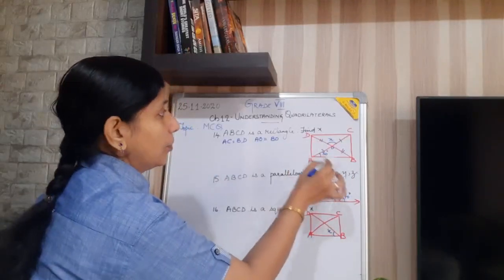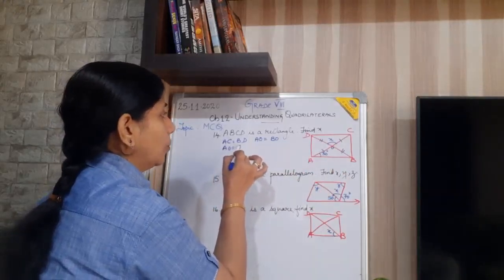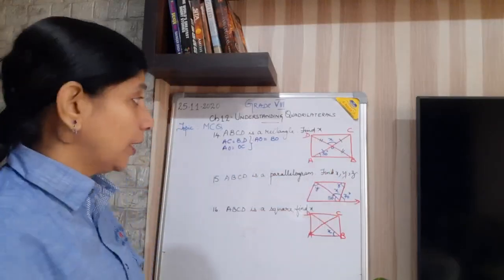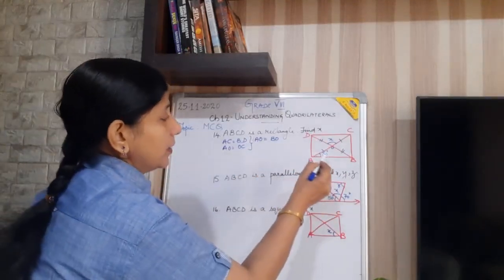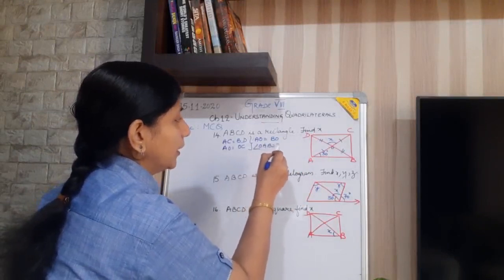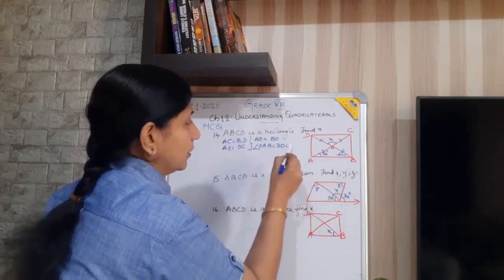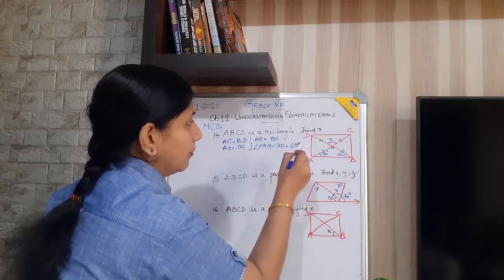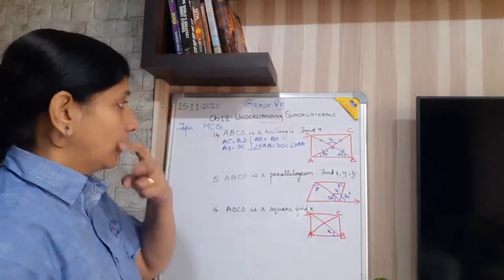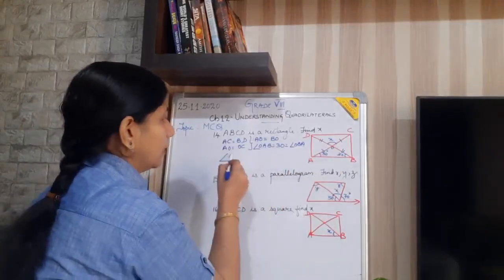AO equals OC, and therefore AO equals BO because both are equal. Now as they are equal, angle OAB equal to 30 will be equal to angle OBA, so these two angles are 30. So what about angle AOB?